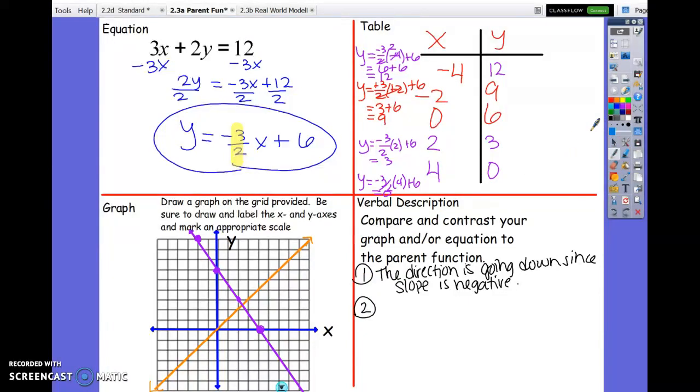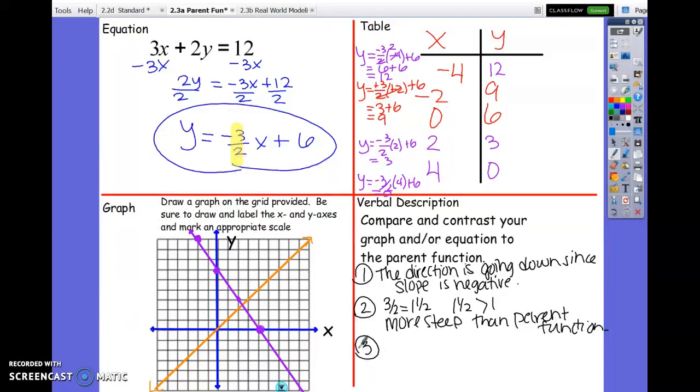Negative or positive tells us the direction. Notice that 3/2 is the same as 1 and 1/2. So 1 and 1/2 is greater than 1, which by our definition means that this is more steep than the parent function.